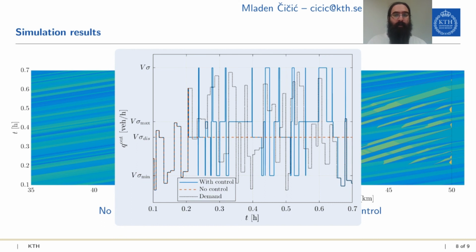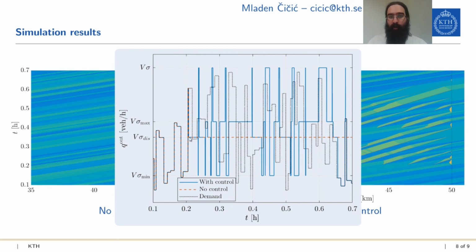Now, another thing that we can look at is the traffic flow at the bottleneck. So here we have a comparison of the demand with the traffic flows in both of these cases. So you can see in the beginning, while the demand is relatively low, in both cases we're tracking the demand with the traffic flow. However, once this demand rises, then we get a traffic breakdown in both cases.